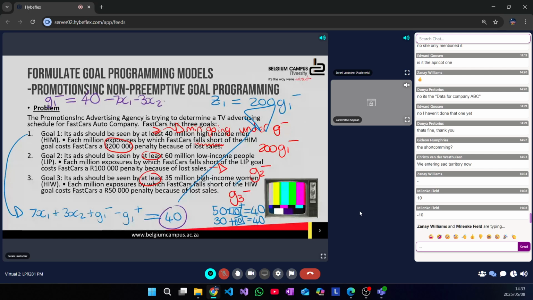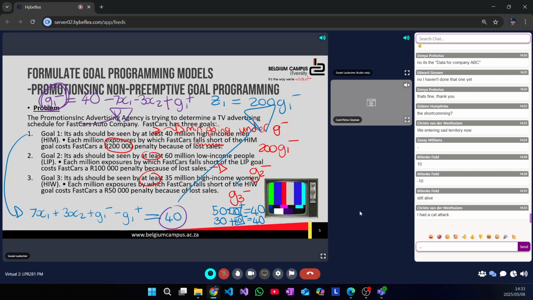What happens to the G plus? It becomes positive G1 plus. You got that? Do you see this? It should not be there. You're replacing it. You're going to substitute it. Okay. Now we can substitute.